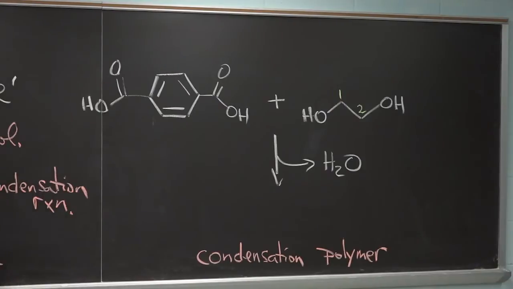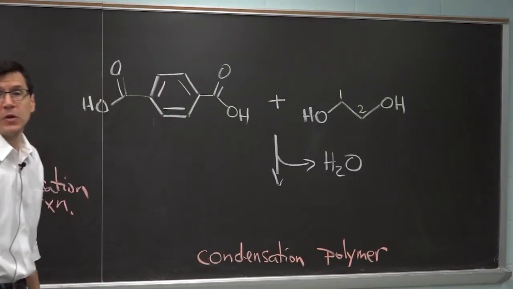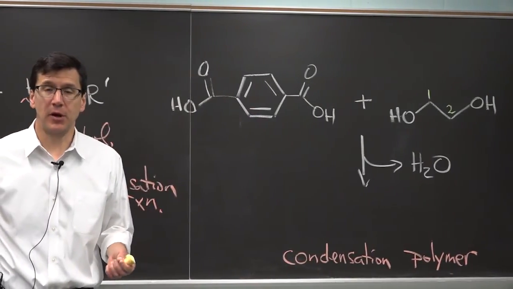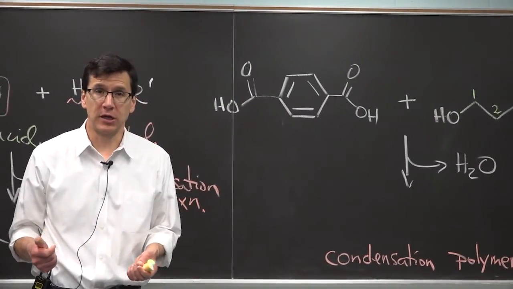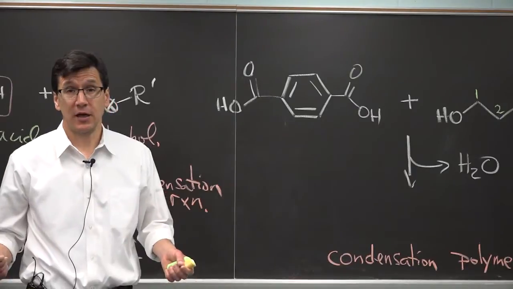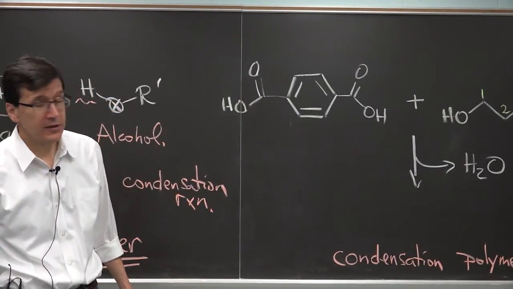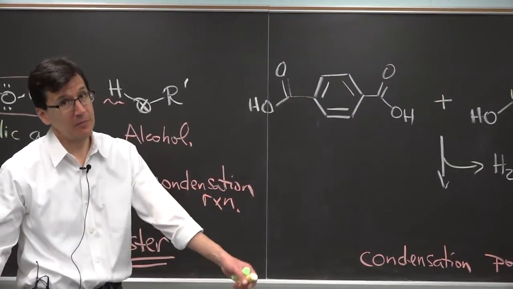So can you propose a structure for what this polymer would look like? Just using by analogy this esterification reaction. Remember, an alcohol will react with a carboxylic acid under the appropriate conditions to make an ester. So can you draw this condensation polymer and maybe give it a name, a poly something?